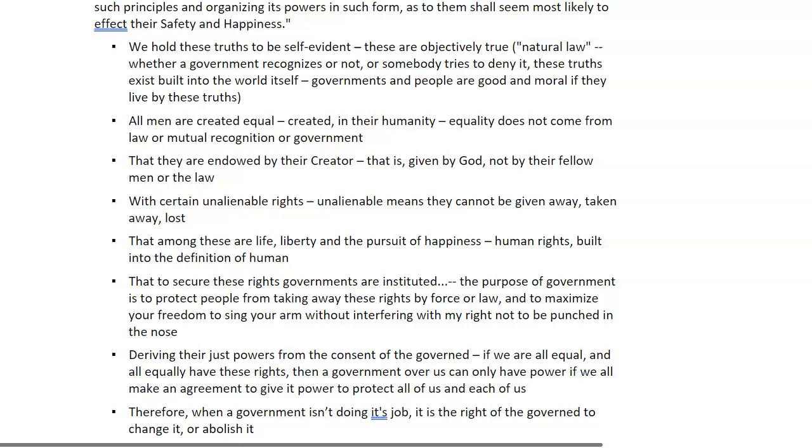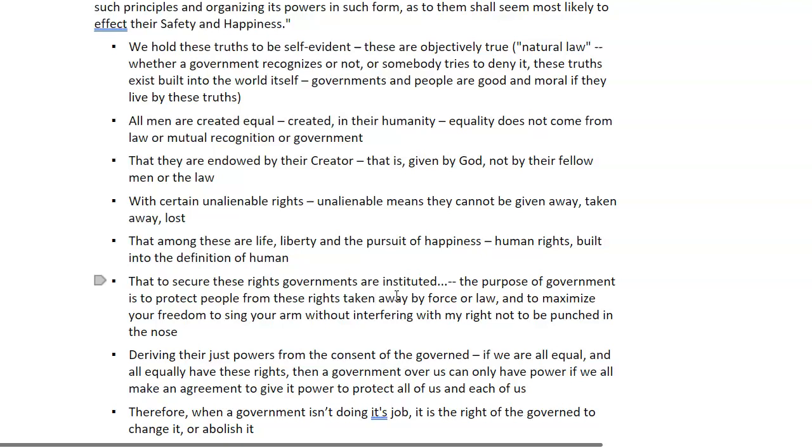That to secure these rights, governments are instituted among men. The purpose of government, says Jefferson, is to protect people from these rights being taken away, by force or by law. If somebody tries to take your rights away, government is there to step in to stop it.